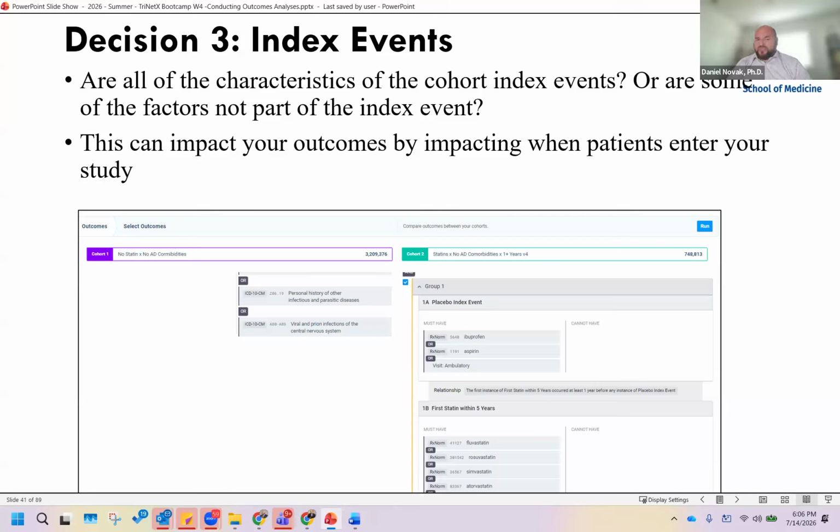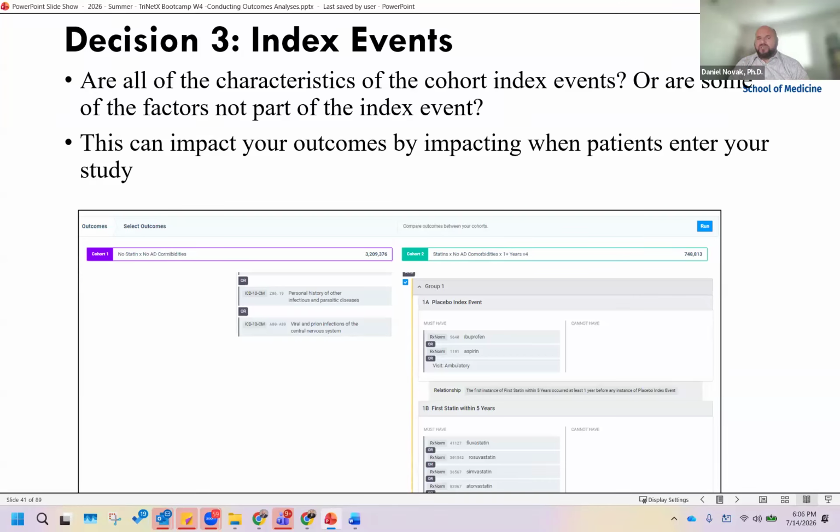This can introduce a phenomenon called the immortal time bias, where, for example, if you have one group of people who got a medication and one group who did not get that medication, but they were both diagnosed with the same disease, if you start the study when the people got the medication, the other group is just hanging around waiting to enter your study, right? There's a period of immortal time where they can't be kicked out regardless of whatever.